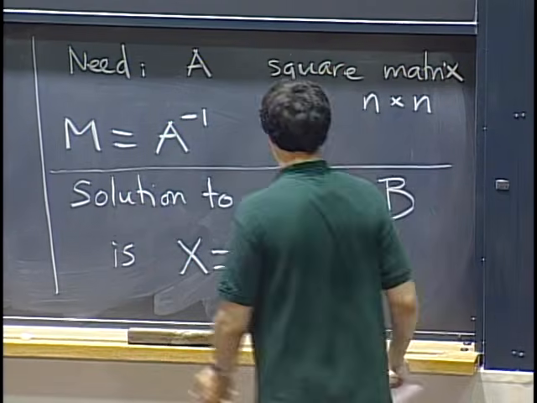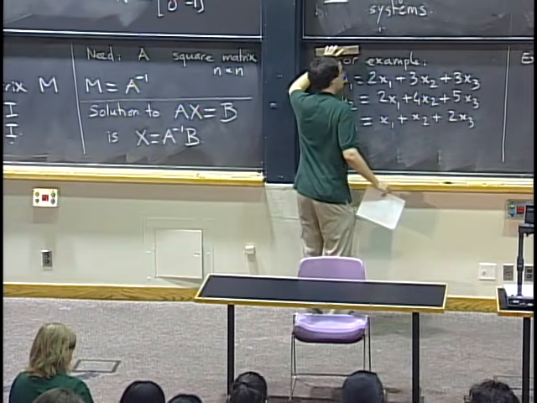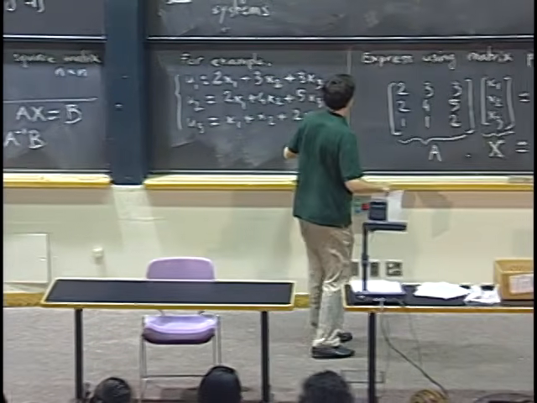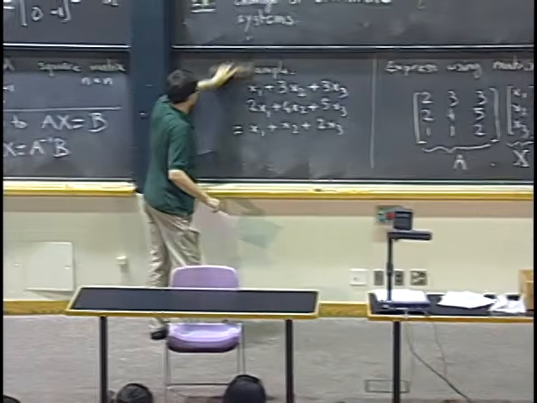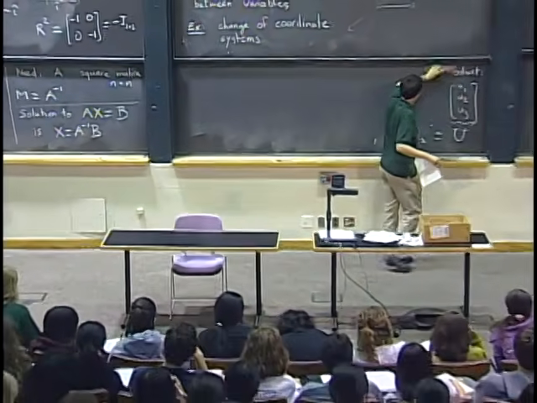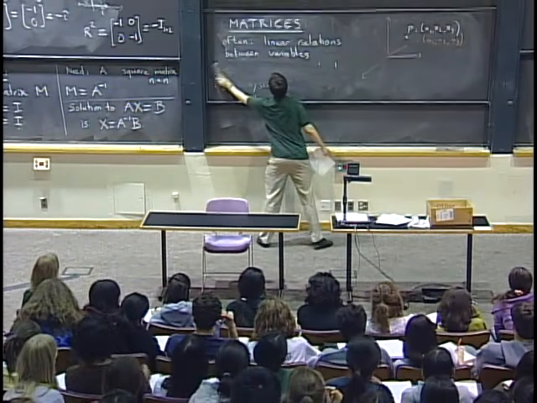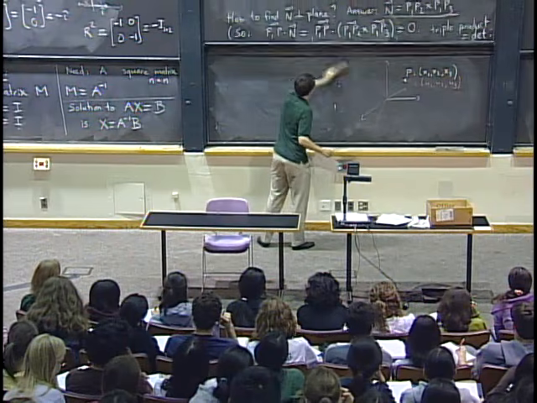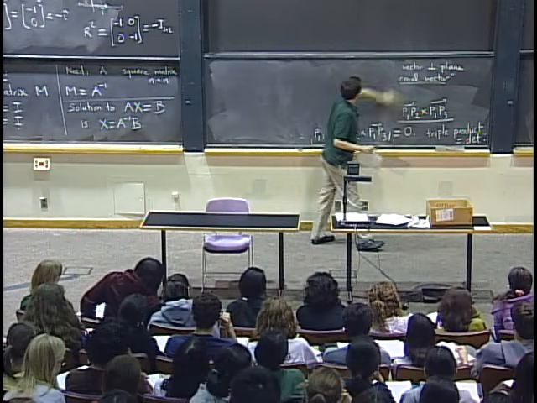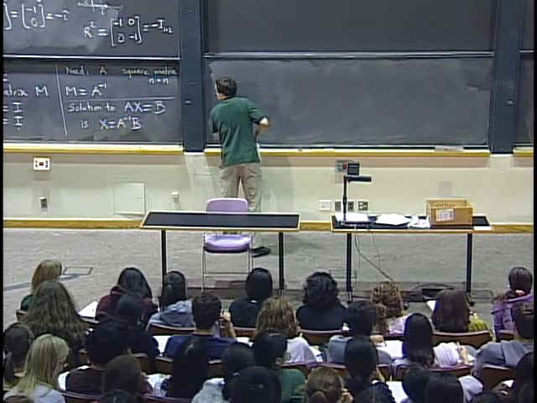Why does that work? How do I get from here to here? And let's be careful. I'm going to erase this matrix, I'll just rewrite it later.